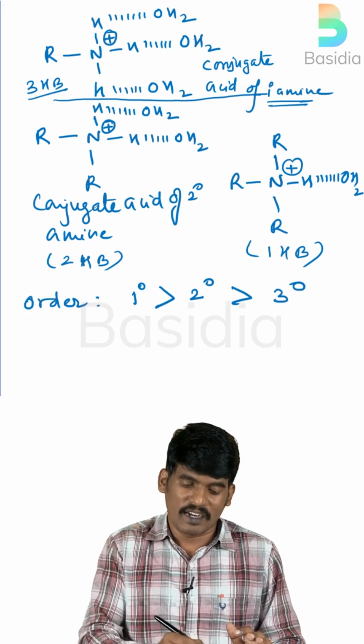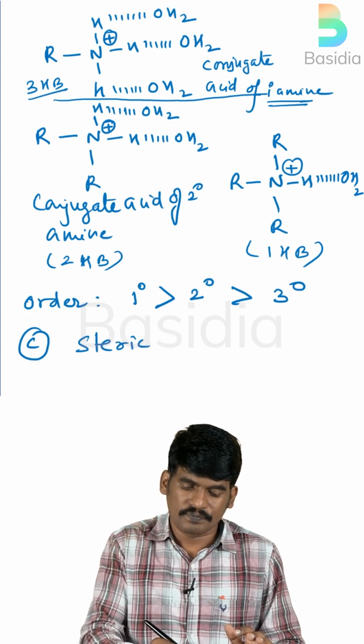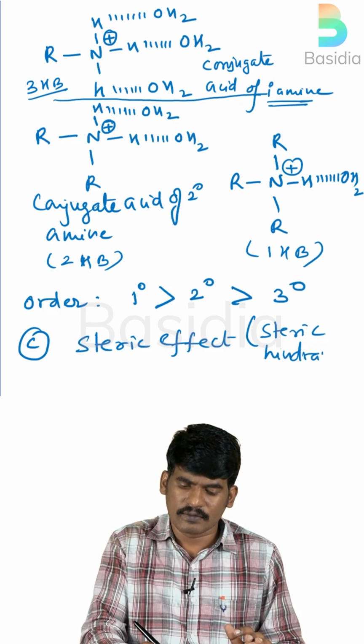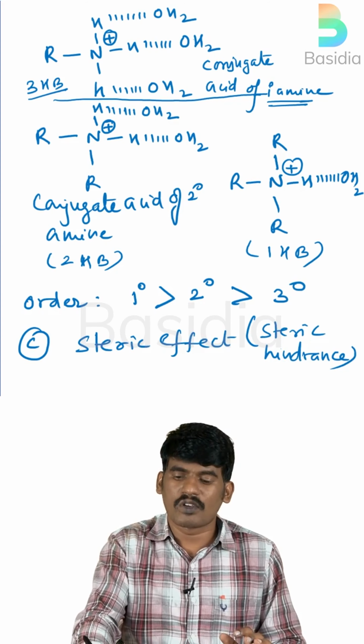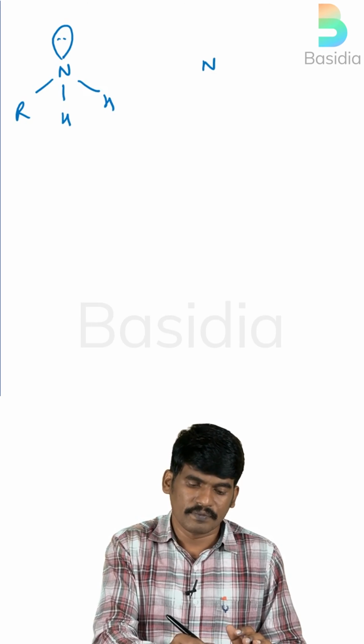Right? And we have another effect, that is steric effect, or else you can say steric hindrance. Steric effect also needs to be considered. In steric effect, it is N having a lone pair, R, H, H. It's a primary amine.